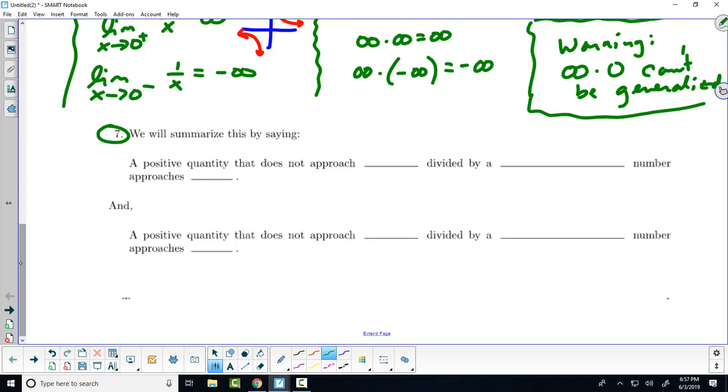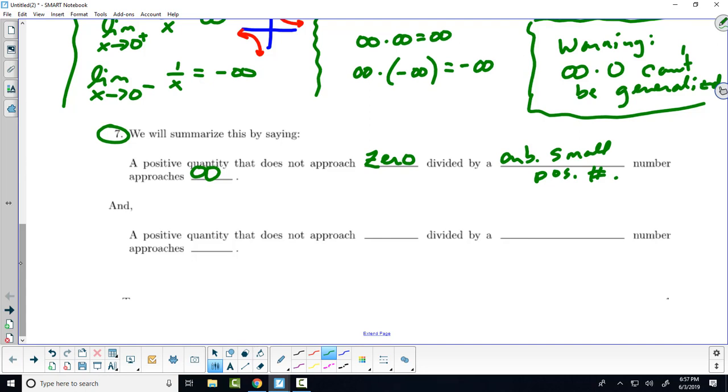So, what are these two ideas? A positive quantity that does not approach 0 divided by an arbitrarily small positive number approaches infinity. Okay, think about that for a second.